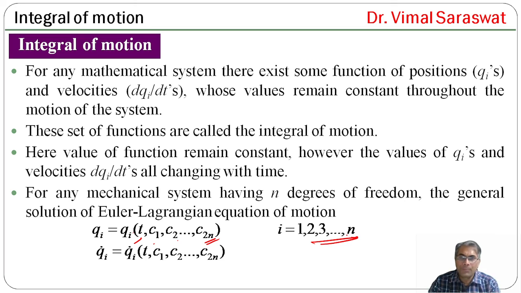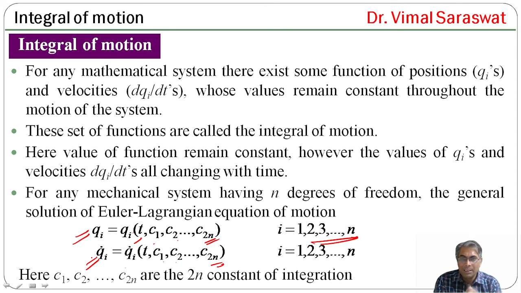So qi dot is equal to qi dot of t, c1, c2, up to c2n. So this is coordinate and this is velocity. Here c1, c2, up to c2n are the 2n constants of integration.